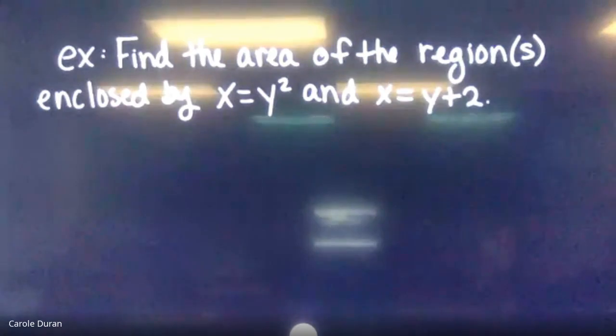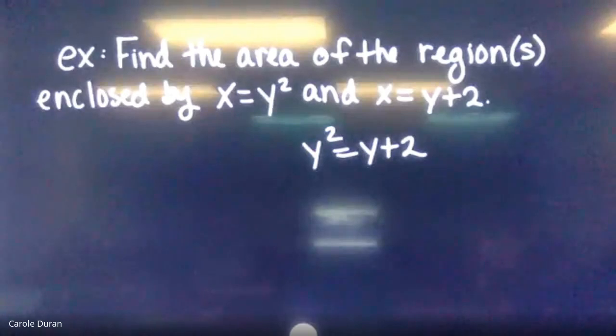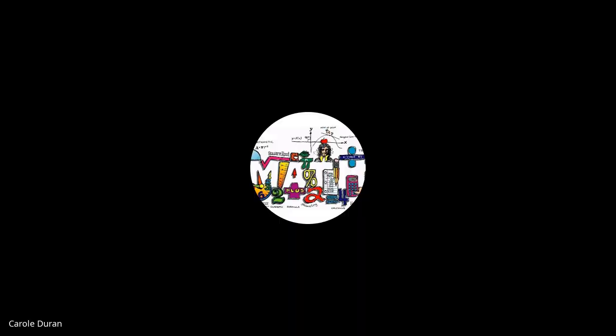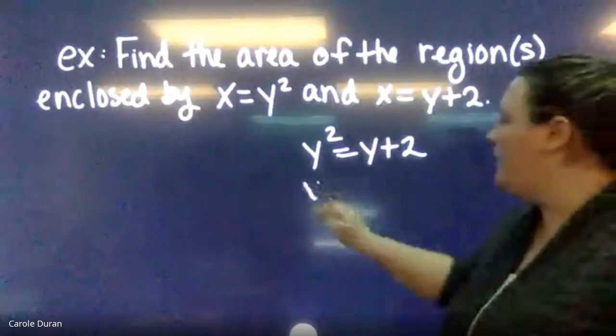It did not give me integration bounds, which means I have to find my own. I'm gonna do that by setting my two functions equal to each other. So I get y squared equals y plus 2. Then I get everything on one side and factor it.